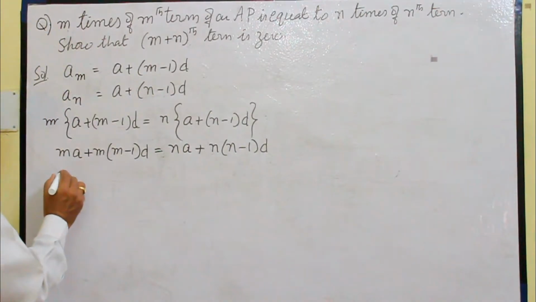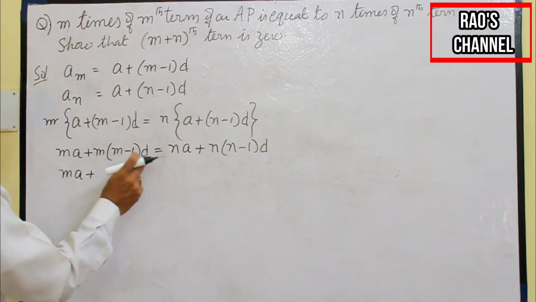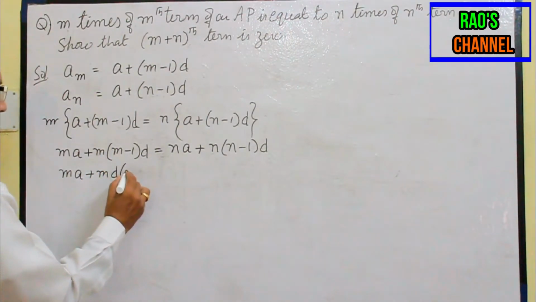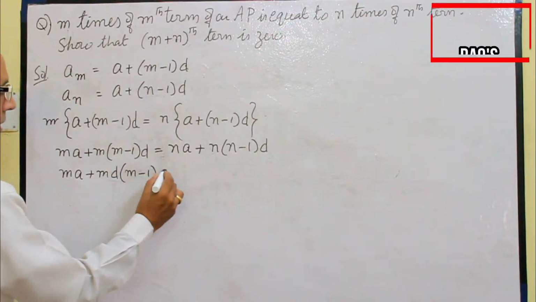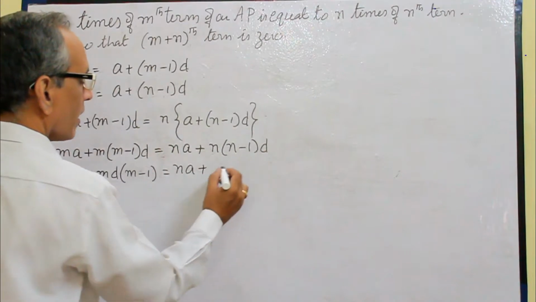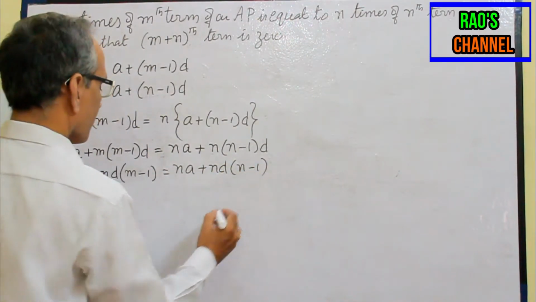In my next step, I group this as mA plus md(m minus 1) is equal to nA plus nd(n minus 1).